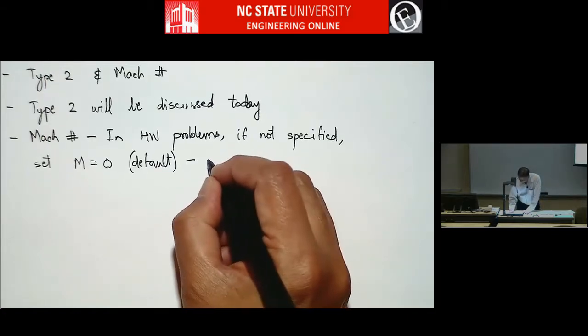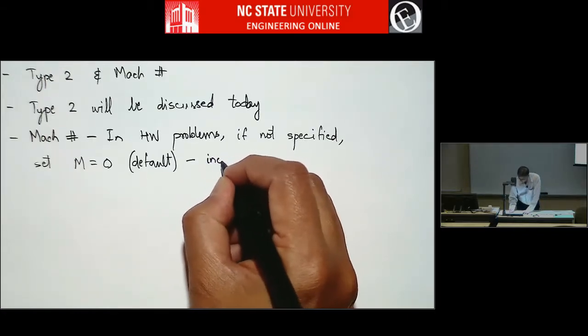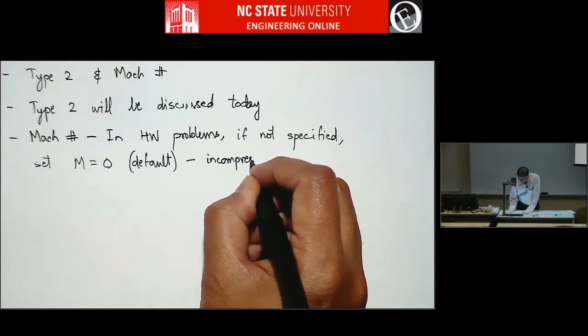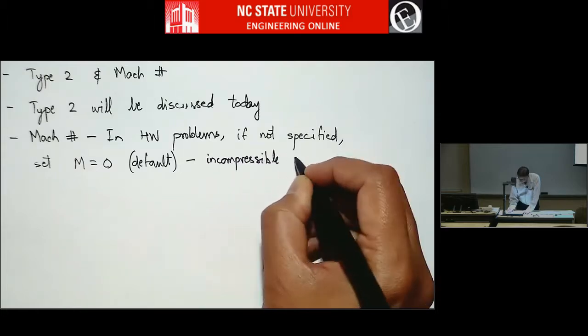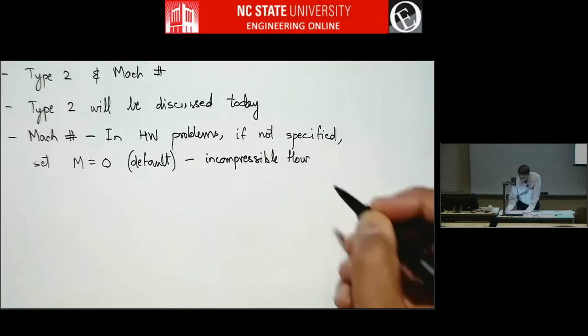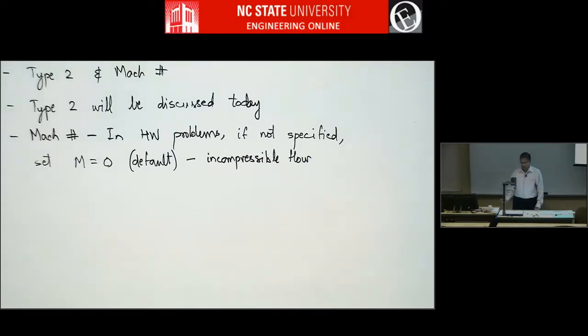And this means it is incompressible flow. The results from incompressible analysis are probably going to be valid up to Mach number of 0.2, because the flows are essentially incompressible up to about 0.2, 0.3, something like that. Okay.